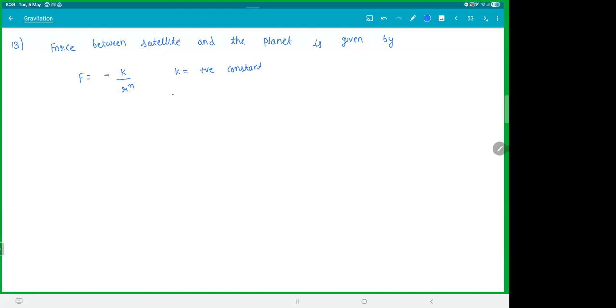Negative indicates attraction. So it's not R square, it is R power n. R is the distance from the center, or the distance between planet and satellite. This would be another advanced paragraph question. n is any number, and m is the mass of the satellite.